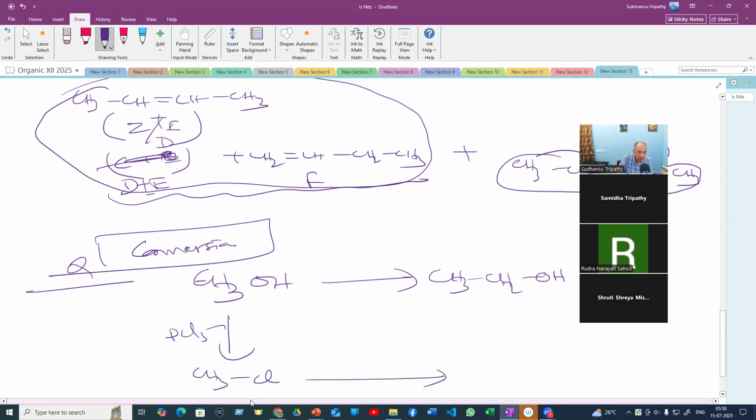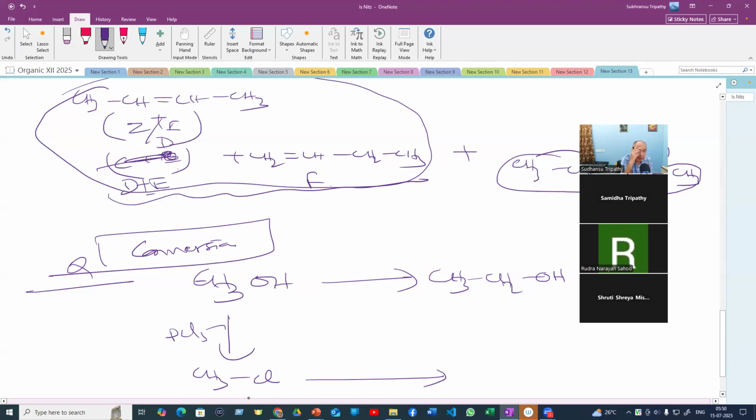Cyanide is very good to increase the number of carbon atoms by 1. Cyanide, one of the best methods. And I have told you last time that cyanides on hydrolysis, although we have not officially studied that, give carboxylic acid.